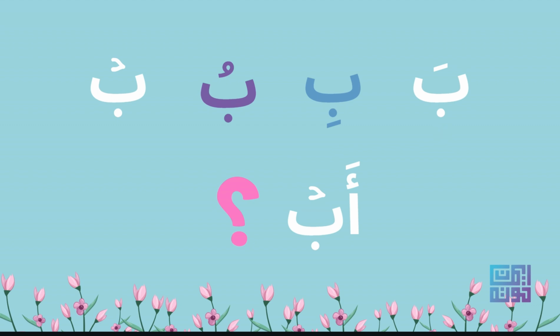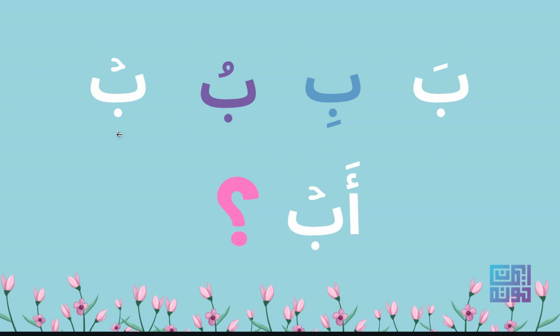We say ba, sa, ta, tha, and so on. And even the kasra, bi, ti, si, li, the damma, bu, tu, thu, and so on. All the letters, if they have a damma, are pronounced in the same way, and the same with the kasra and the fatha.